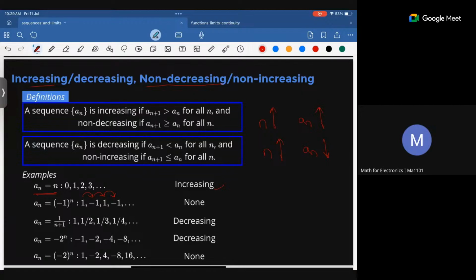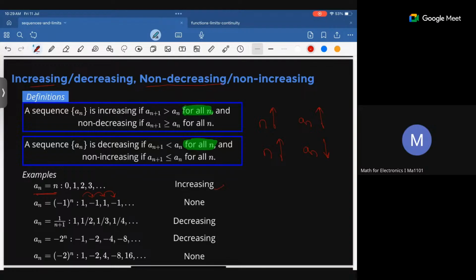So there is no proper relationship between an+1 and an, right? So sometimes an+1 is greater than an, and for some different n, an+1 is less than an. So here 'for all n' is really important. So this condition should hold for any n. Okay. So oscillating sequences are neither increasing nor decreasing. So it's neither increasing nor decreasing, we say.